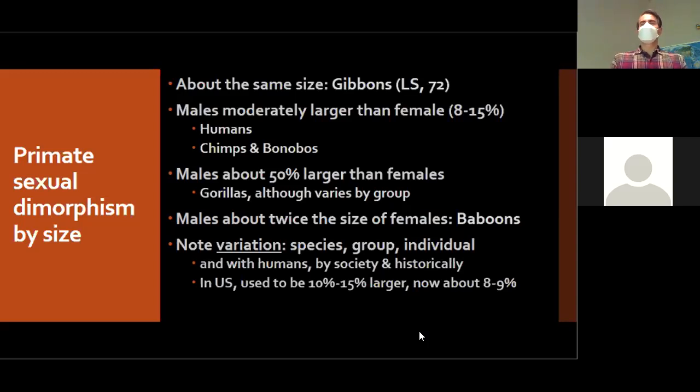So when I used to get figures for the United States, in the old days, we might say, maybe 100 years ago, that adult males were about 10 to 15% larger than females. And now when I look at it, it's more like 8 to 9% larger. Why would this change over time?